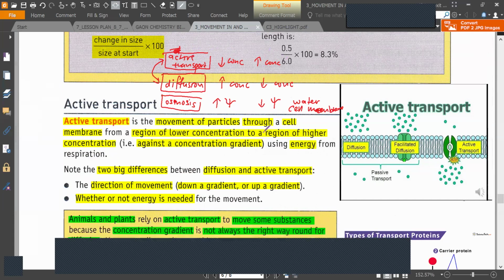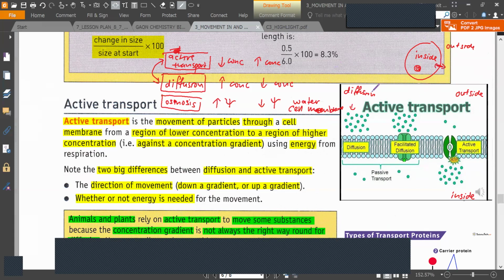Let's see this example here. This one is diffusion. This one is outside of the cell, and this one is inside of the cell. So we're just talking about the substance going inside and outside of the cell.